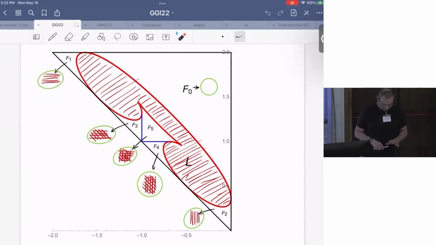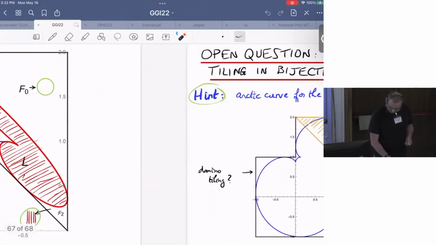This is an artistic version because it's not all proved, but there would be, again, all these frozen phases separated by this liquid, this curve, which encircles the liquid part, okay? So again, in an interacting fermion case.